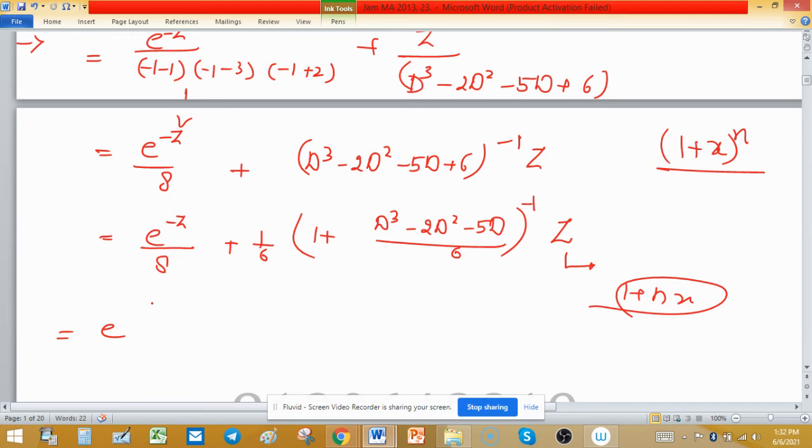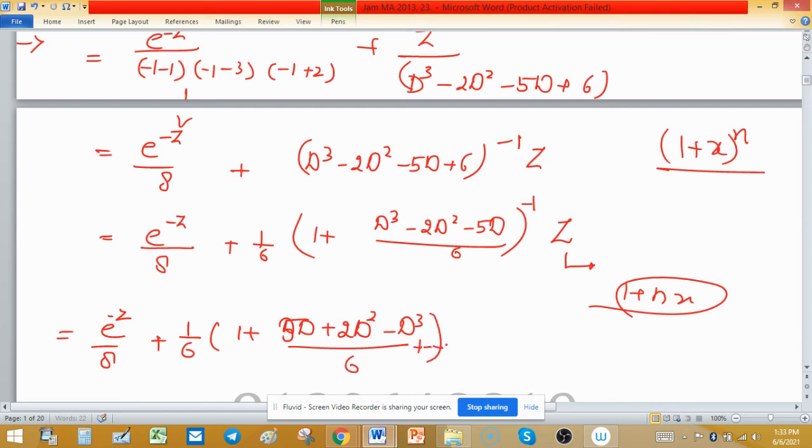This pre-knowledge will come to you after experience or doing some problems related to particular integral. So this is 1 upon 6, and this one can be written as 1 plus nx. So it will be 1 minus (5D plus 2D square minus D cube) upon 6, and so on z.